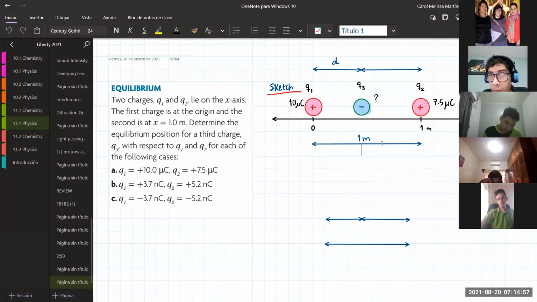I know that this distance is 7 meters. For example, I know that this distance is 3 meters.